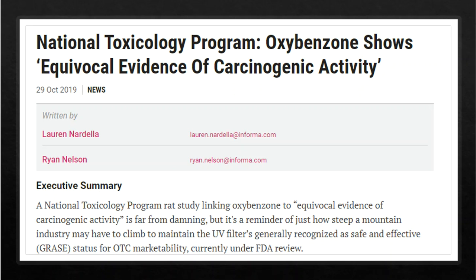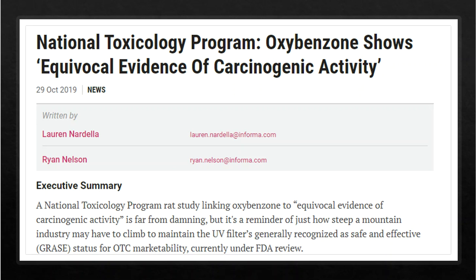National Toxicology Program: oxybenzone shows equivocal evidence of carcinogenic activity. Okay, I'm going to read that one more time. NTP, oxybenzone shows equivocal evidence, equivocal meaning equal evidence, of carcinogenic activity.